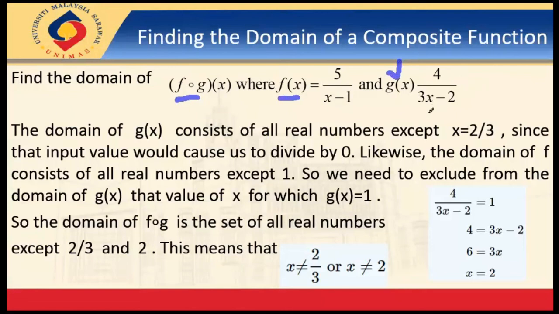Now if we replace this x by 2 over 3, then it will become 4 over 3 multiplied by 2 over 3, and this minus 2 is its own.